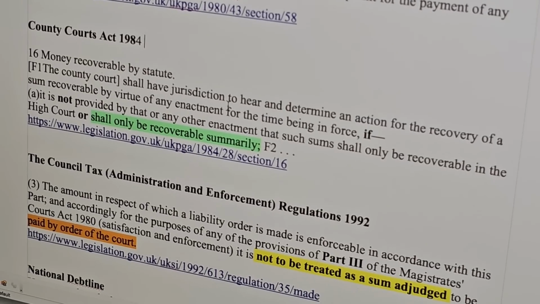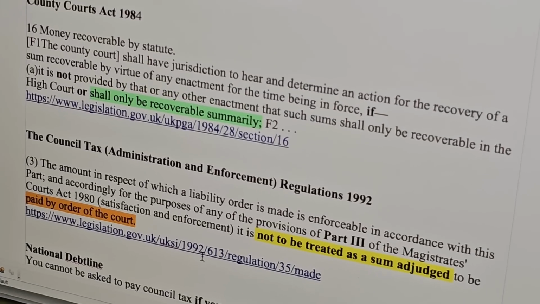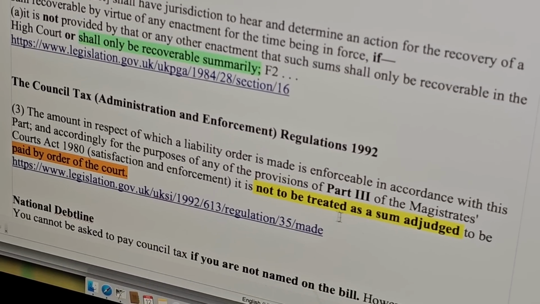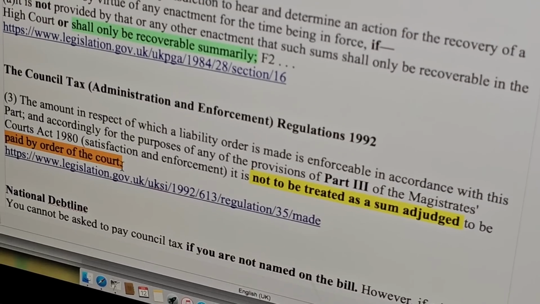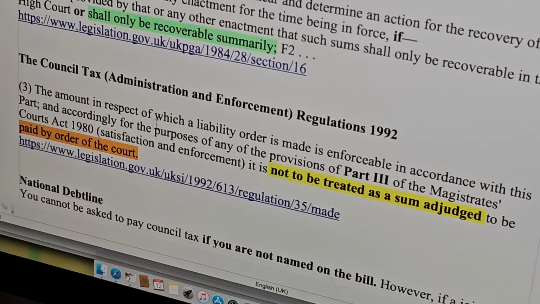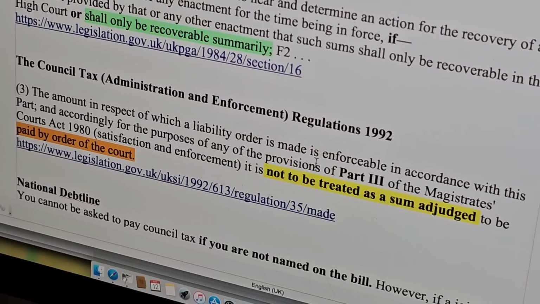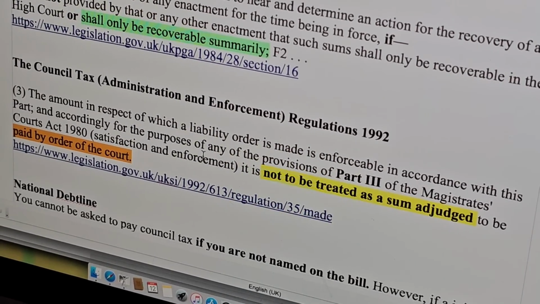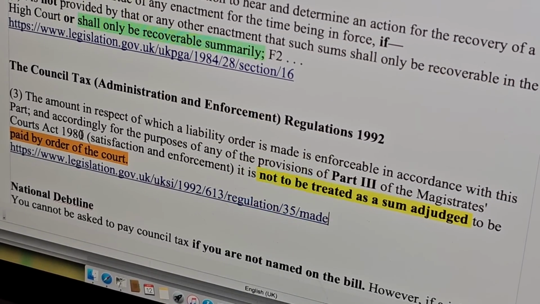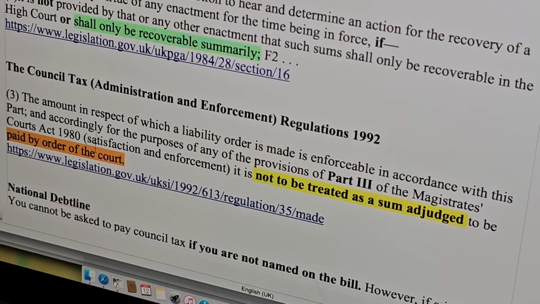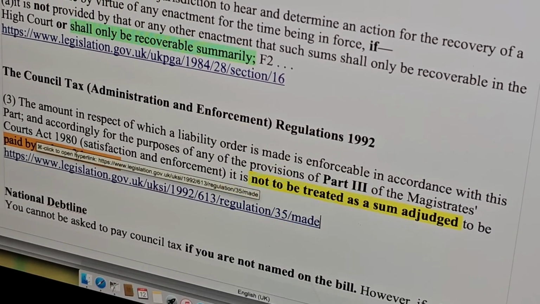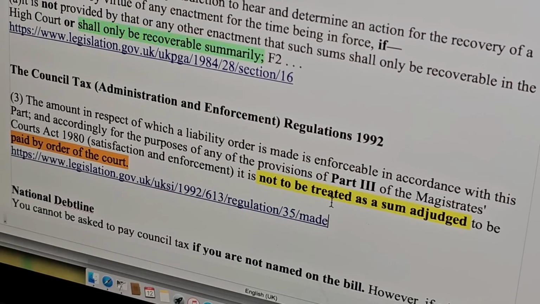So although they say, oh, we can do this, that and the other, it tells you here, Council Tax Enforcement Act, not to be treated as a sum to be paid by the order of the court. That means it's not a crime. In accordance with Part 3 of the Magistrates' Court Act 1980, enforcement is not to be treated as a sum adjudged to be paid by the order of the court because it's not a fine.